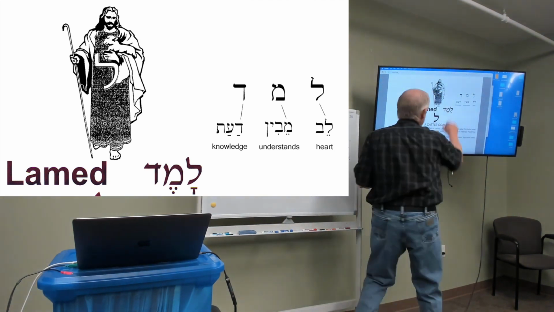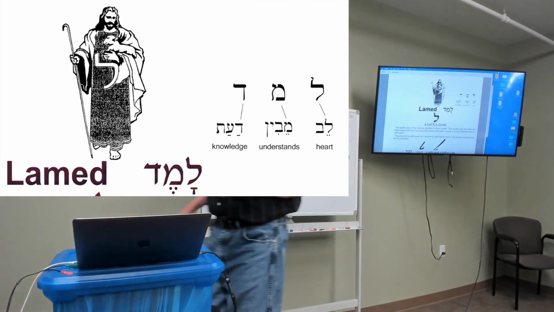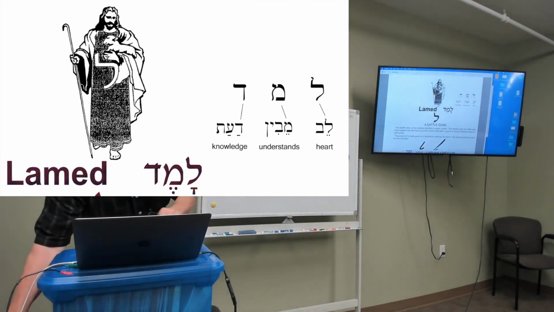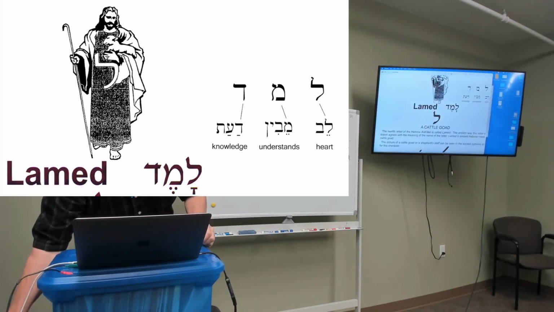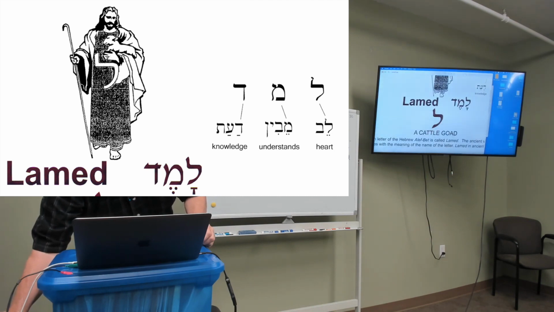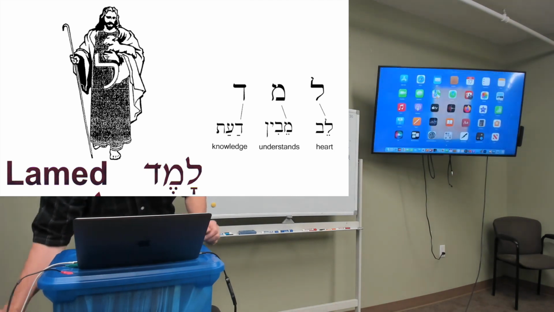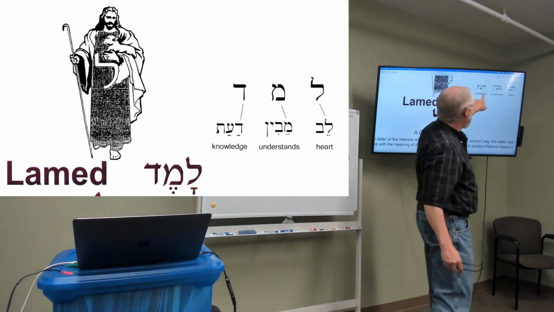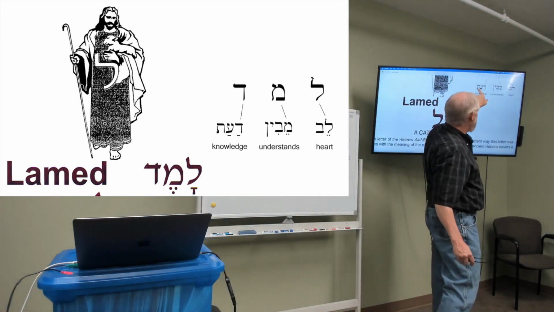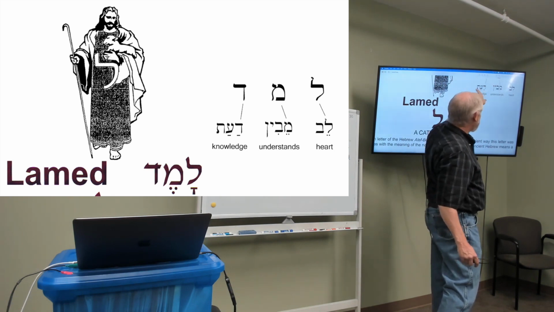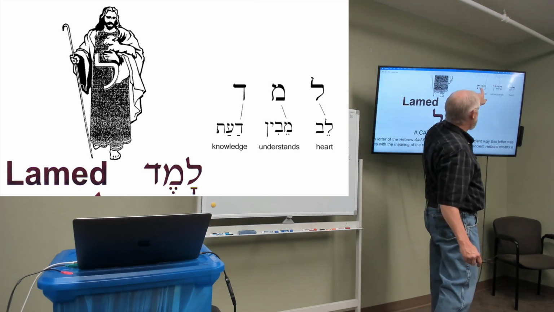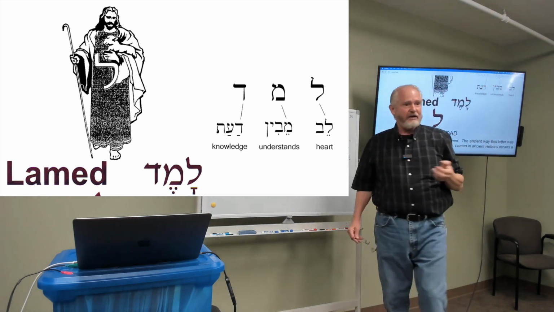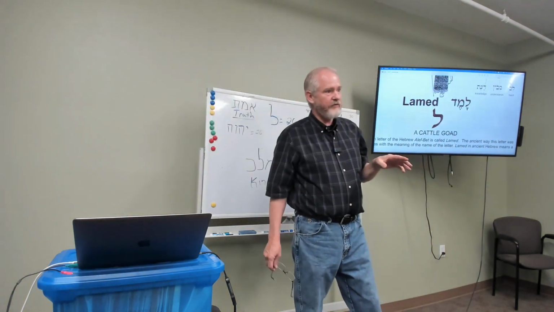Remember I showed you guys this before, but we've seen religion is dat, but knowledge is da'at. It's got the ayin in the middle. The ayin means understanding, right? So you can see the difference.